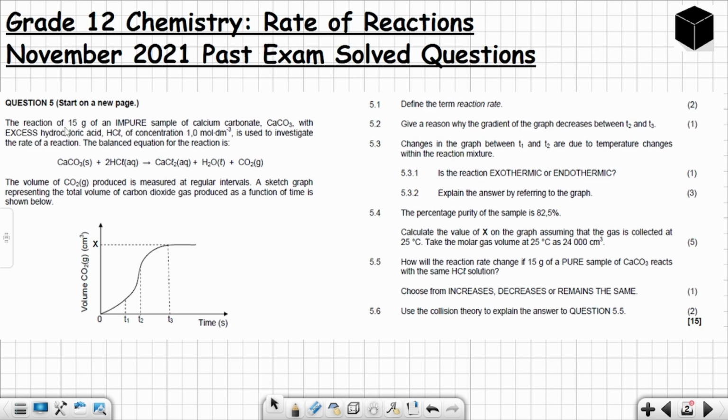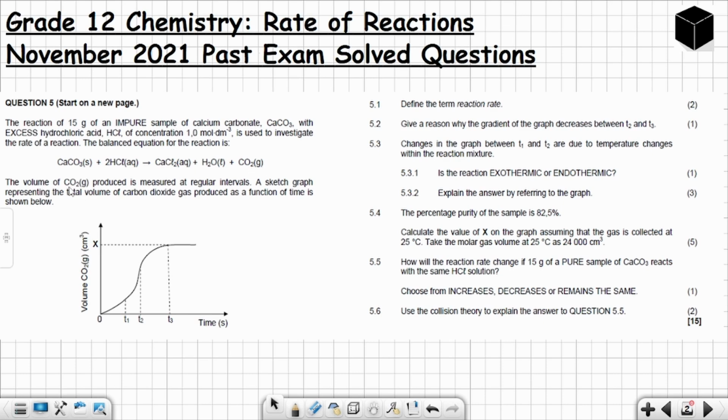The reaction of 15 grams of an impure sample of calcium carbonate with excess hydrochloric acid of concentration 1 mole per cubic decimeter is used to investigate the rate of a reaction. This is the balanced equation for the reaction.